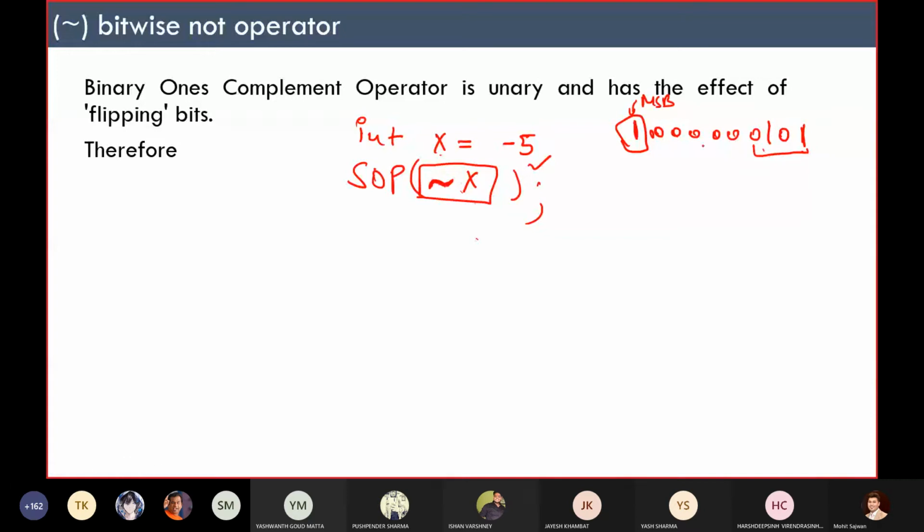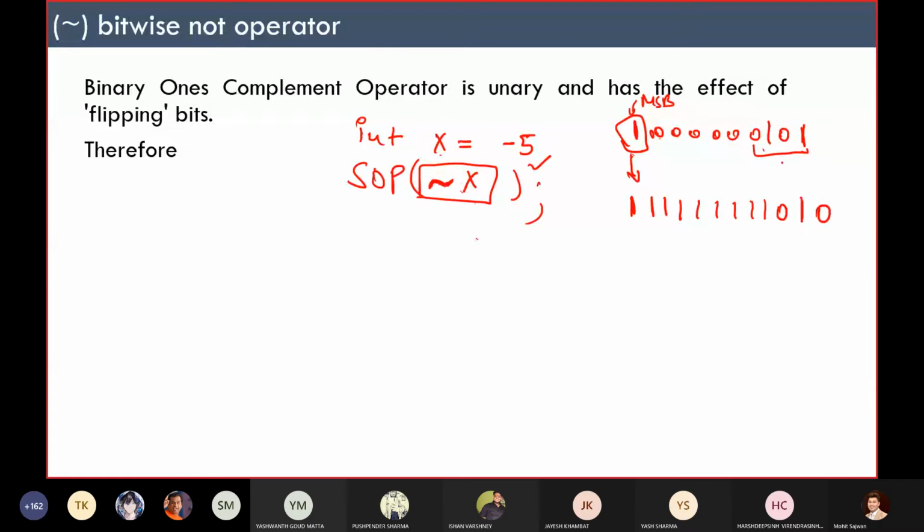Now, because this is a negative number, and in Java numbers are stored in two's complement, I will perform the two's complement. First of all, I will perform one's complement. Once I perform one's complement, all zeros will become 1 and all ones will become 0. So here I will get 0 1 0.